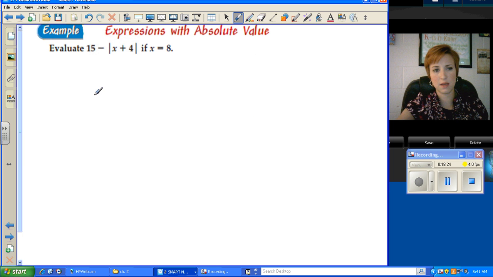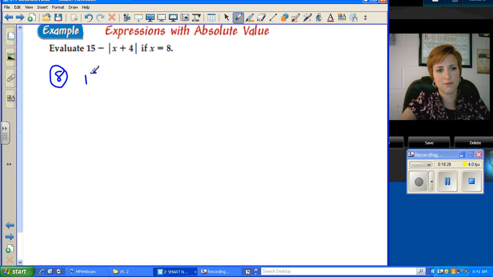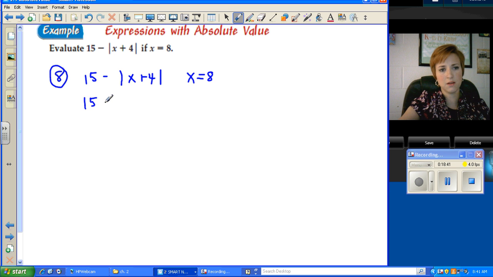And the very last example, number 8, says evaluate 15 minus the absolute value of x plus 4, and then x equals 8. So the very first thing we have to do is substitute: 15 minus the absolute value, x is 8, plus 4, absolute value bar.